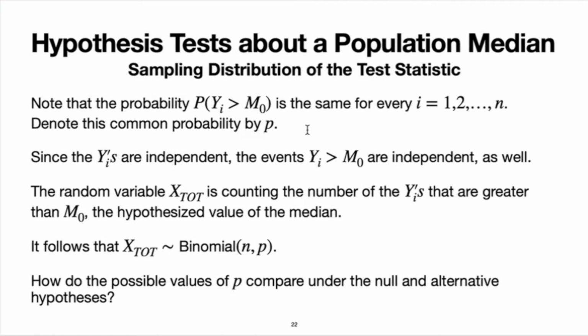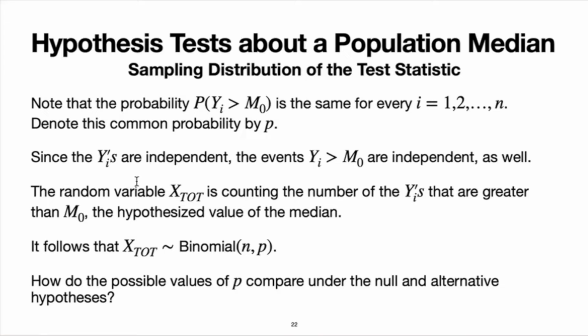Now, because the y's constitute a random sample, they are independent and identically distributed. Because of that, the probability that the ith y is greater than M sub 0 is the same for each i. Let's denote this common probability by lowercase p. So lowercase p represents the probability that y sub i is greater than the hypothesized value of the population median, cap M sub 0.